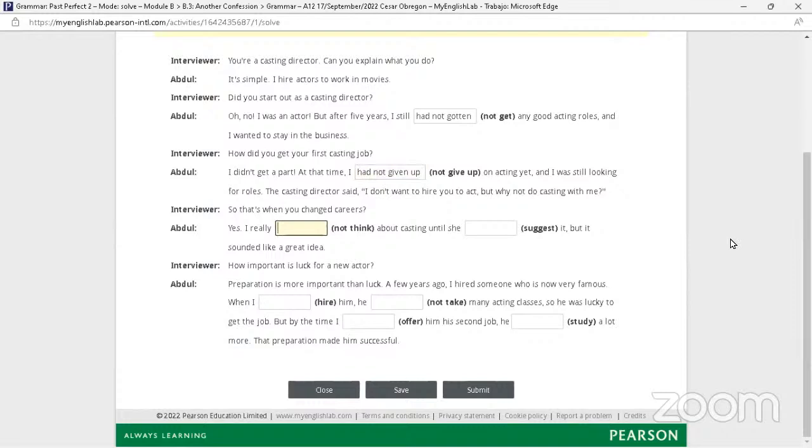The casting director said, "I don't want to hire you to act, but why not do casting with me?" So that's when you changed careers.